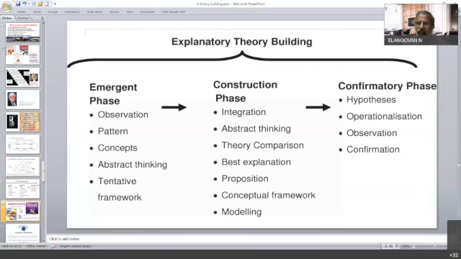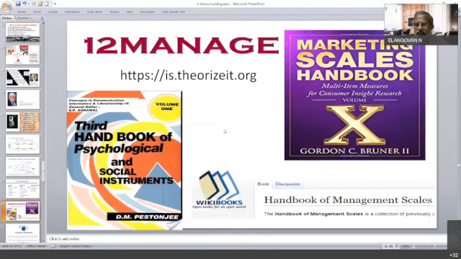So where can I find the theories? A lot of websites have compiled the theories. I usually present to management scholars, so here is a management list where you can find a lot of theories: 12manage.com. Or Wikibooks, the Handbook of Management Scales, also talks about a lot of theories.